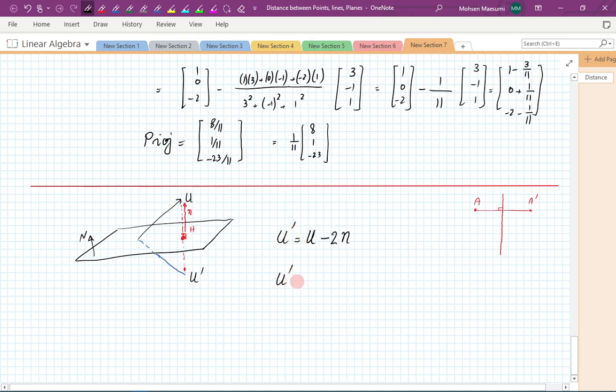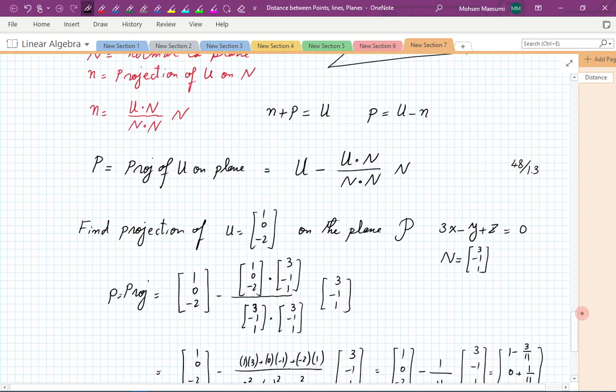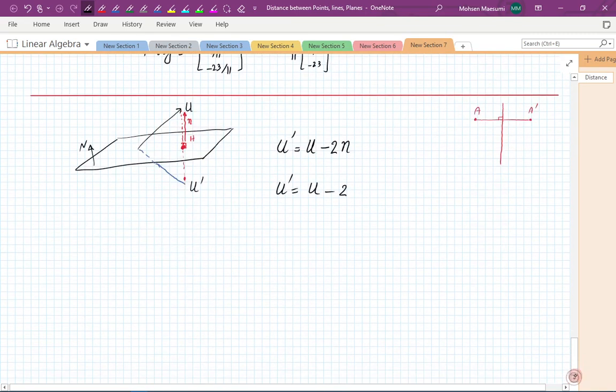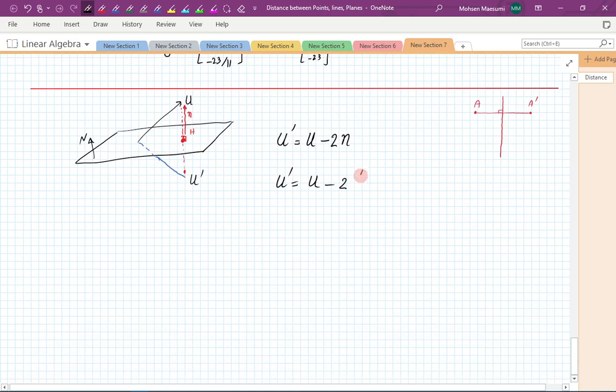So u prime is going to be u minus twice who was n. N was this little n. So that was it: 2 u dot n over n dot n times another n.